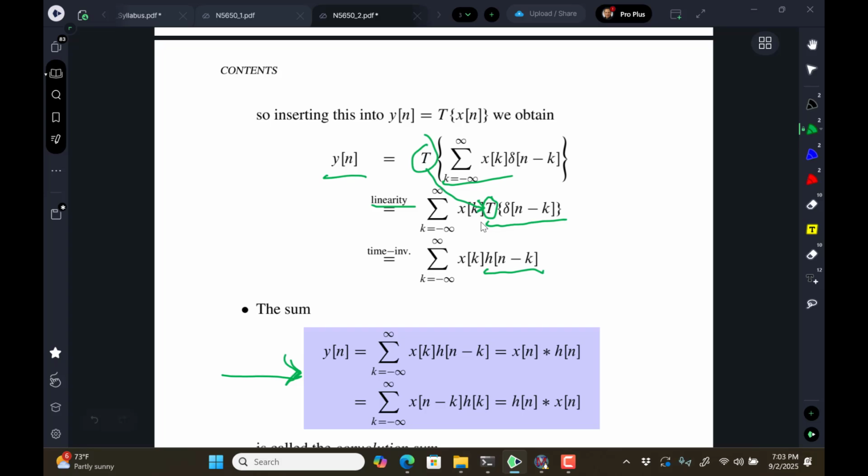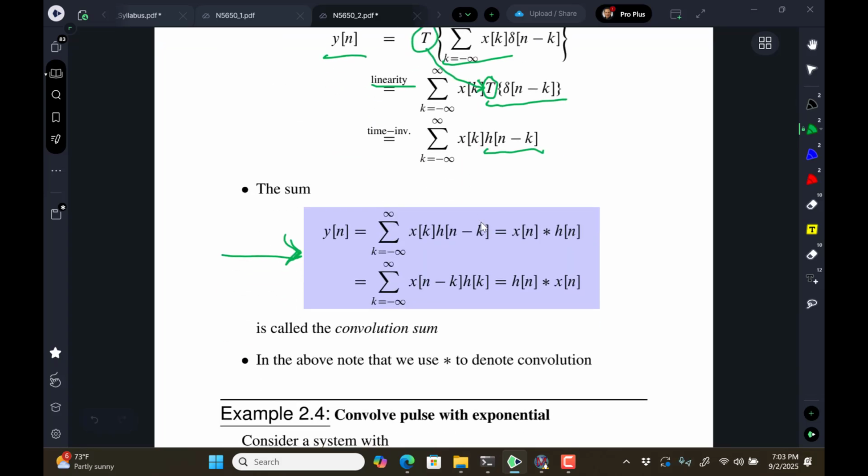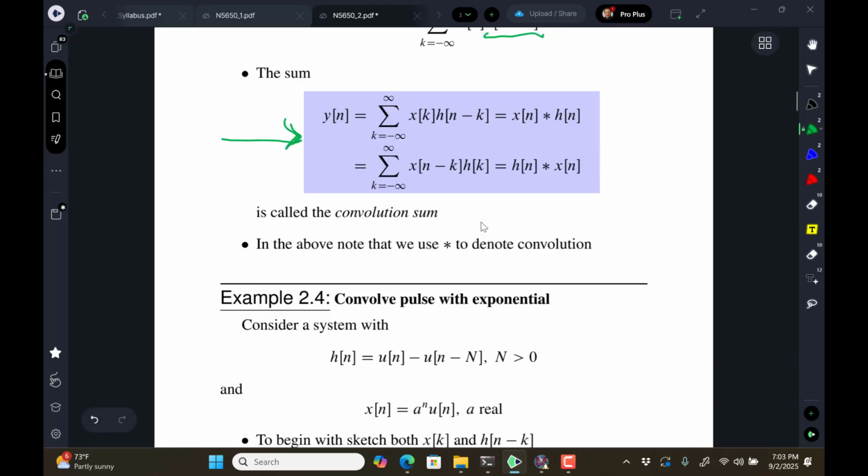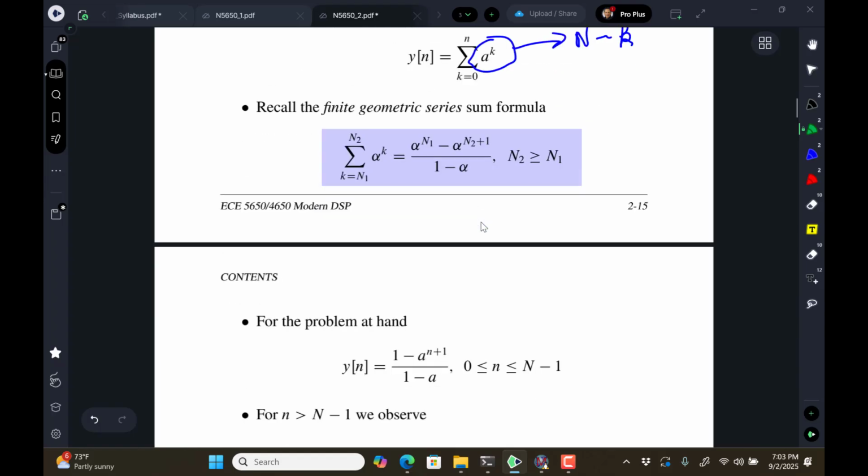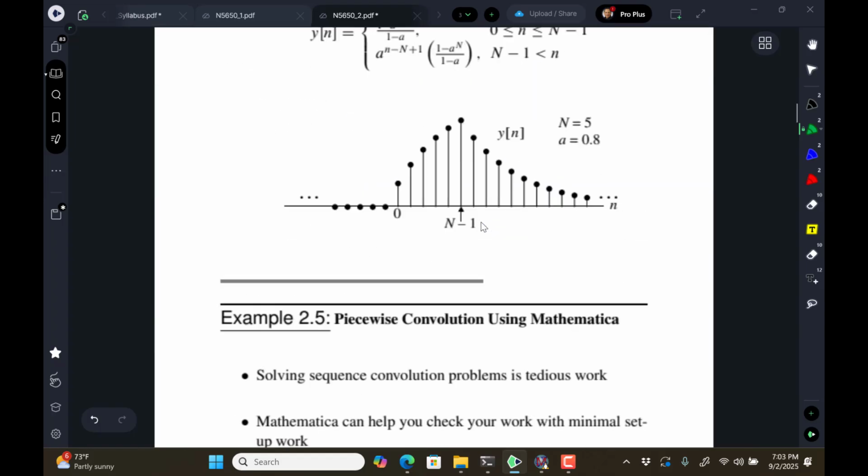This is the first cranking type formula that we have in the notes, how we can get an output from an input by cranking through the convolution sum. We will have another way that's more common and more typical in a real system, and that will be a difference equation. We're a little ways away from that yet, but we'll eventually get to this form.